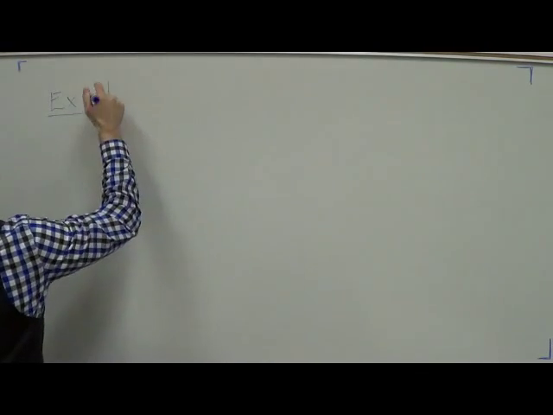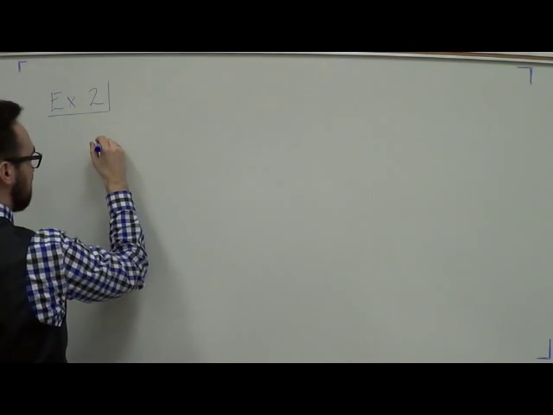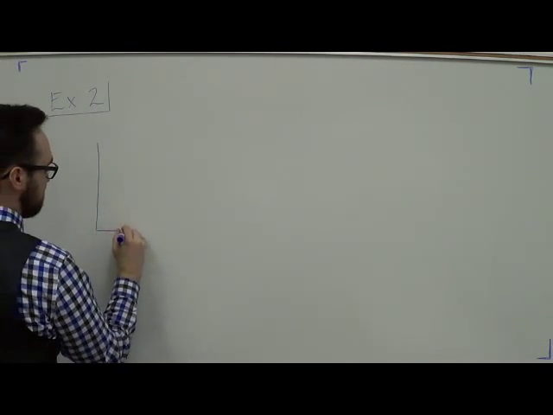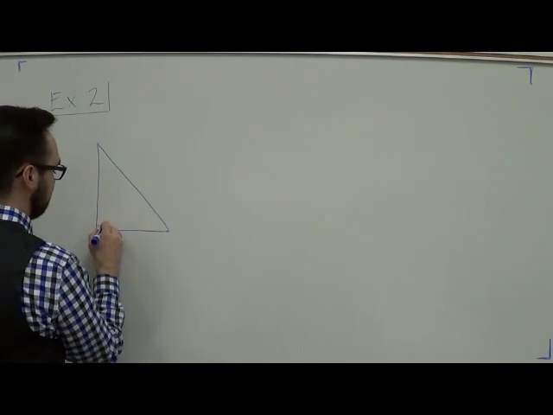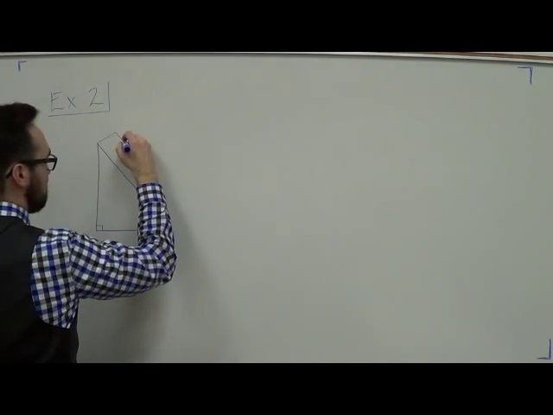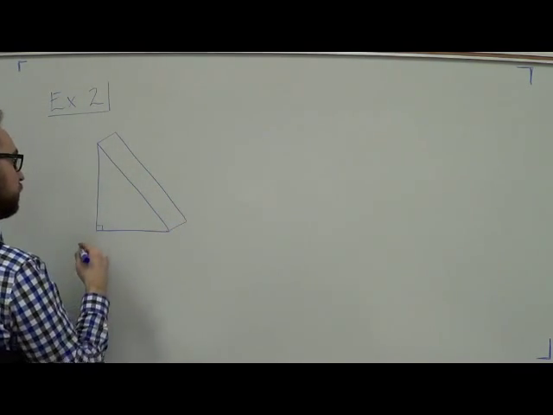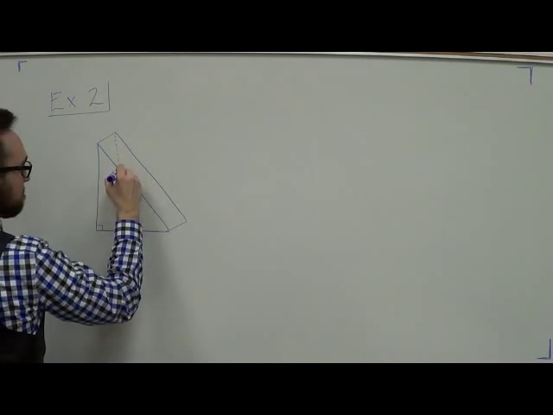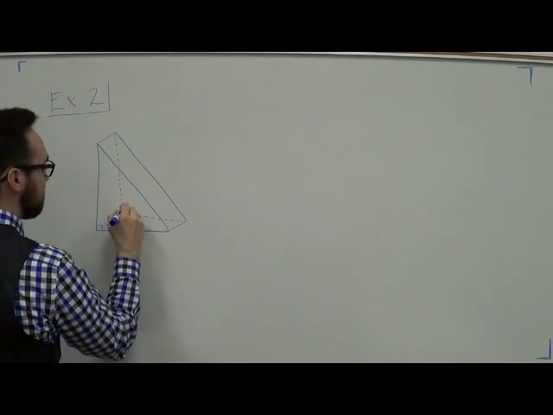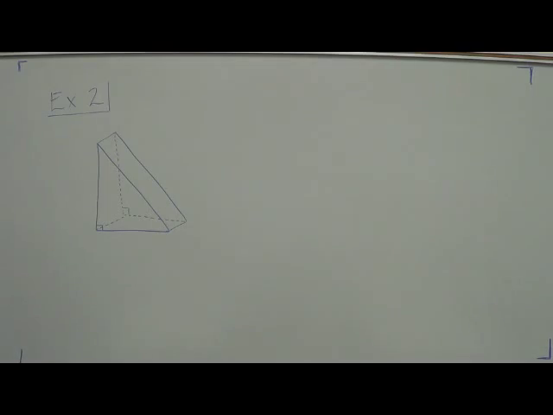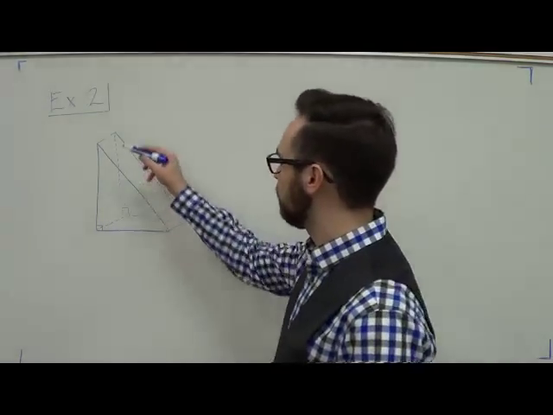So let's take a look at, if I had something like, so that's our triangular prism. Notice the front and the back are both triangles, and then all the sides are going to be rectangles.